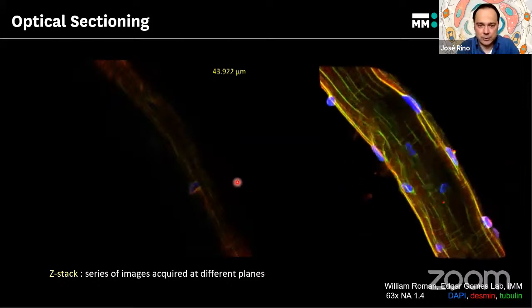So you're able to look at your sample in 3D. In this case it is a slower acquisition, but you could also do this in live imaging and look at the nuclei moving with time.